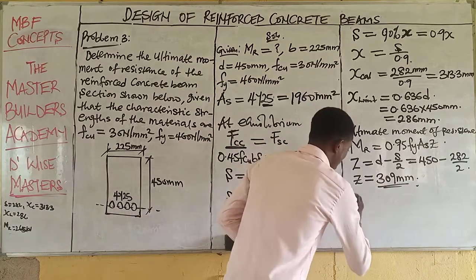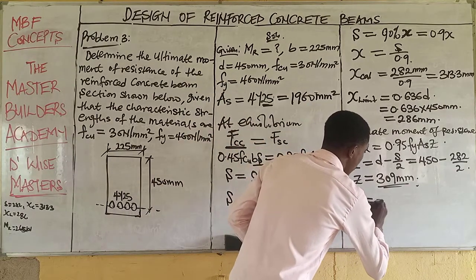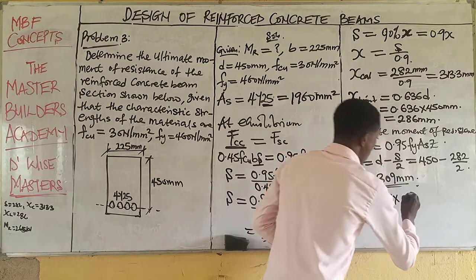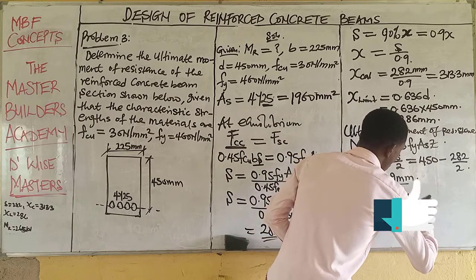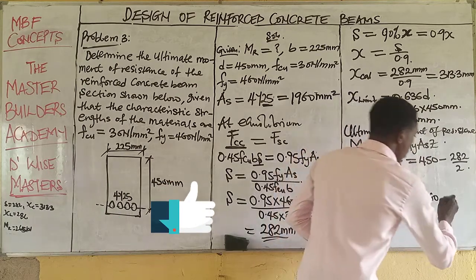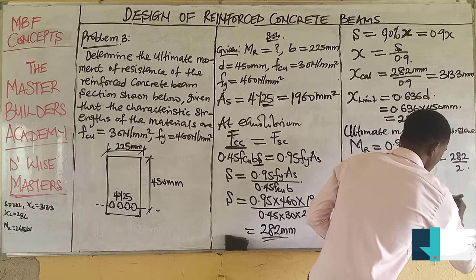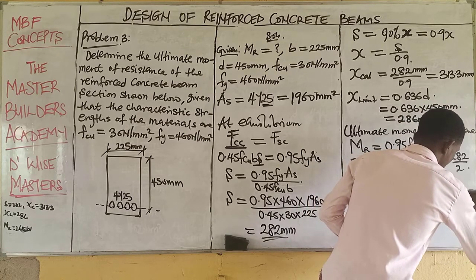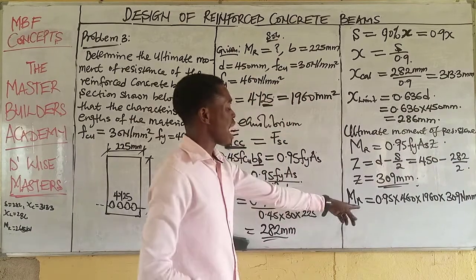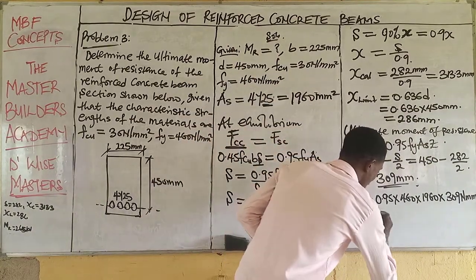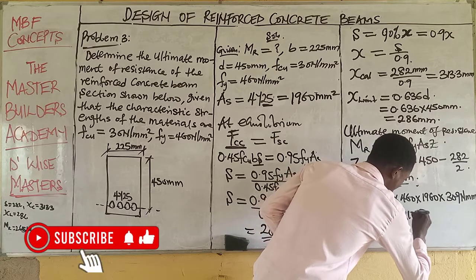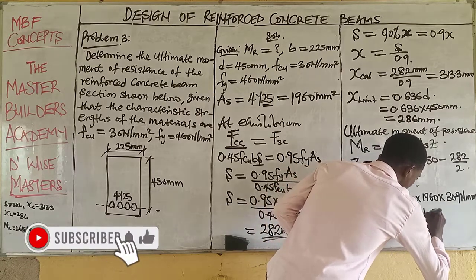Now we substitute: MR is equal to 0.95 multiplied by 460 multiplied by area of steel 1960, then multiplied by Z, which is 309, and this is measured in Newton millimeters. When we have this multiplied, the outcome will give us 265 multiplied by 10 raised to the power of 6 Newton millimeters.